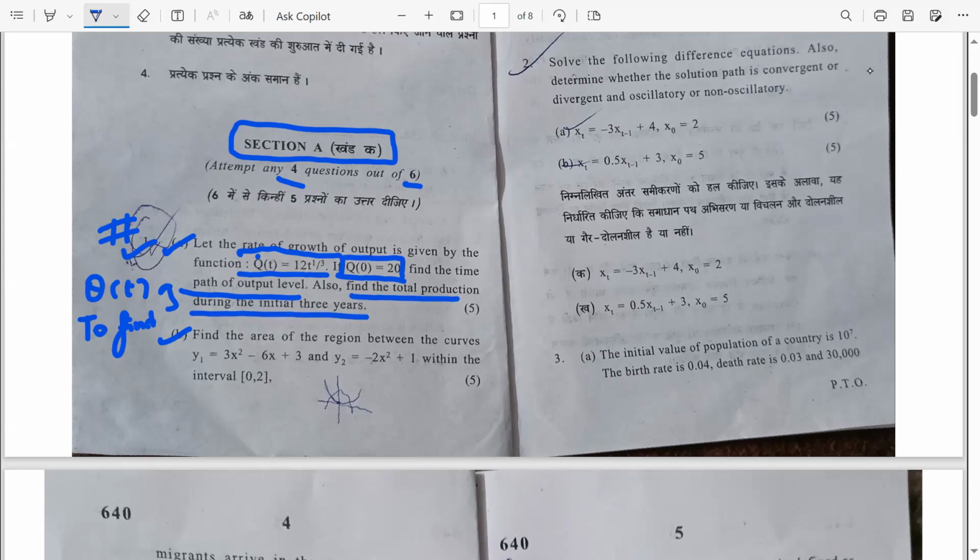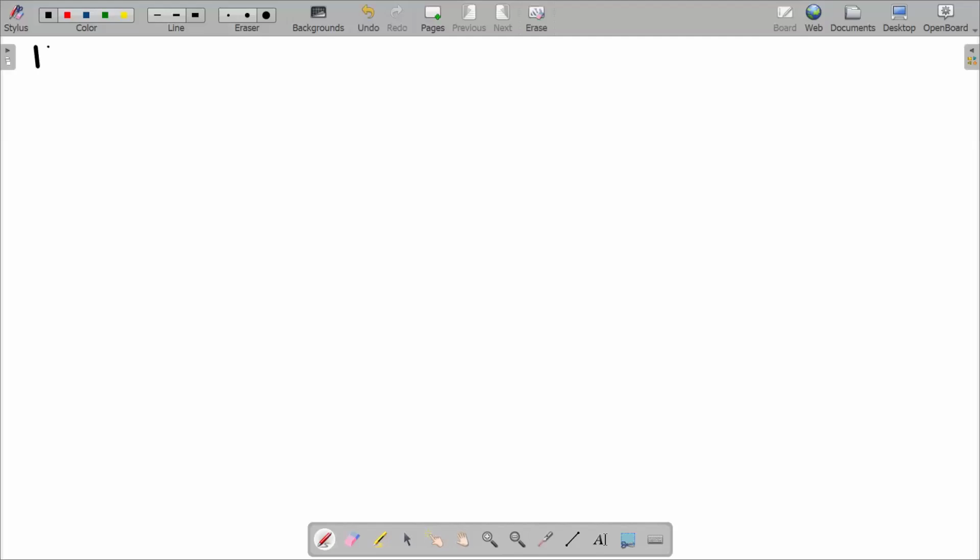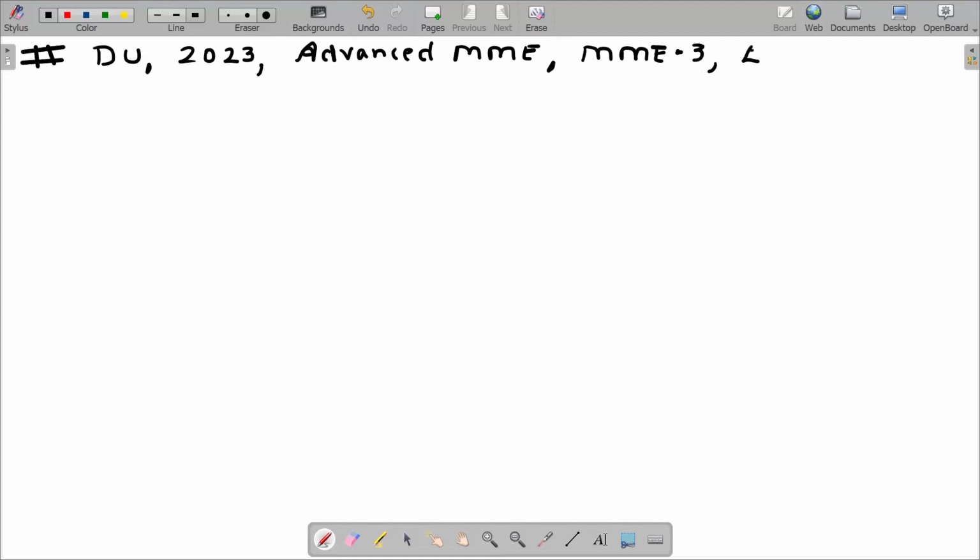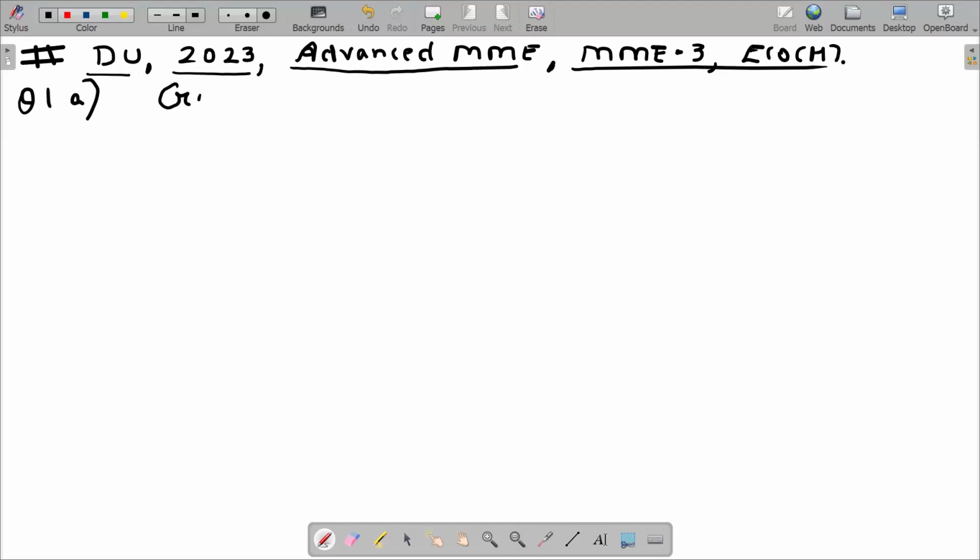Let me quickly come to the whiteboard first to solve this problem. I'm writing the main heading for completeness. We are looking at the Delhi University 2023 question paper for the Advanced Mathematical Methods for Economics, which I also call the MME-3 course, for all those students who are pursuing economics honors from University of Delhi. So question 1, part A, I'm quickly writing what is given to us.